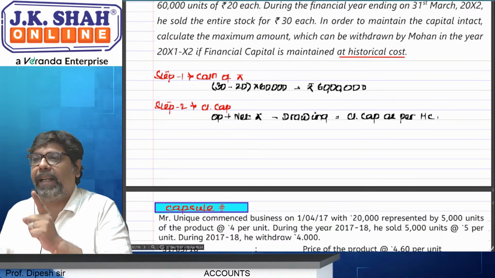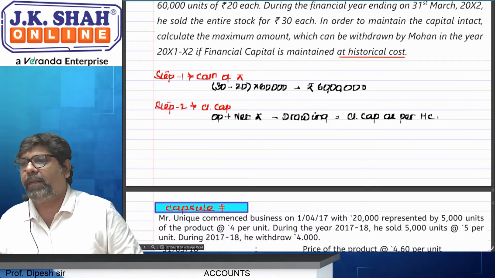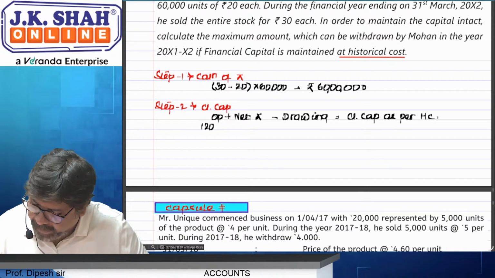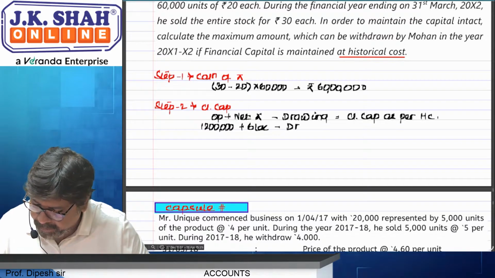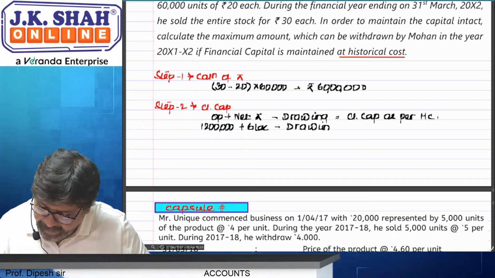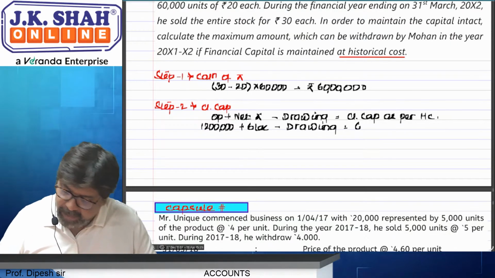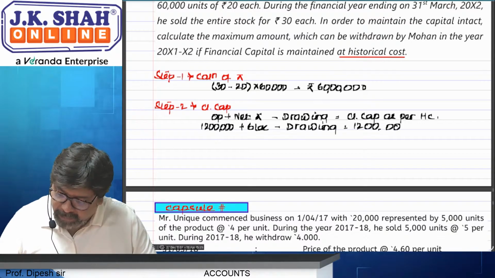If you want to maintain your capital as per historical cost, then opening capital and closing capital should be same. Opening capital is how much? 12 lakhs. Net profit is how much? Drawings I don't know, but I want to maintain closing capital at historical cost. That should be how much? 12 lakhs only.